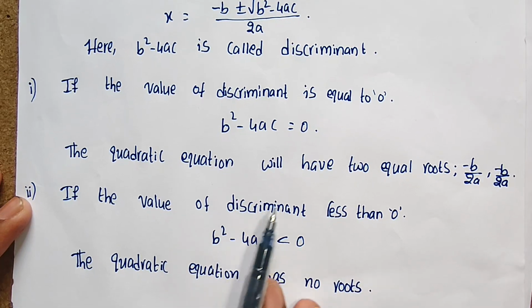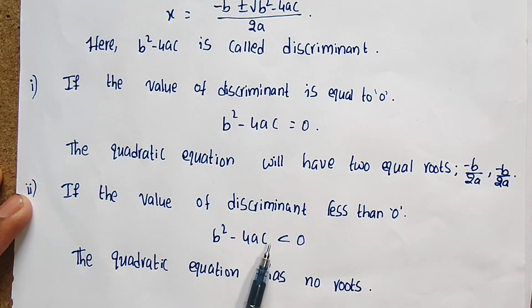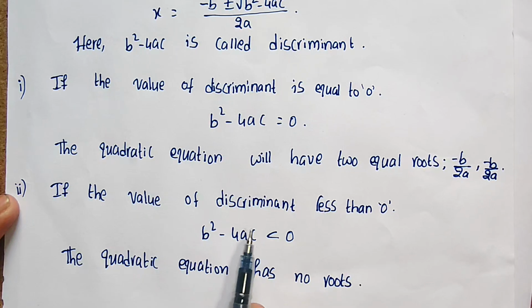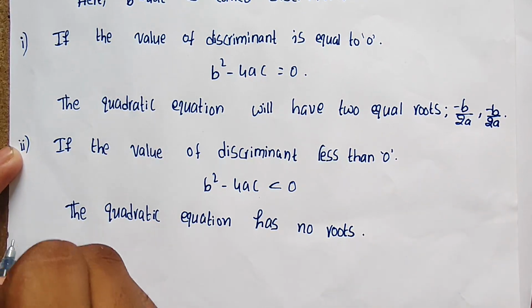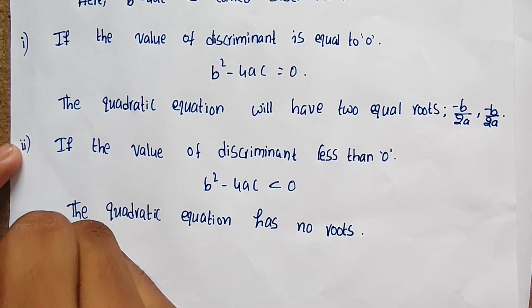So if the discriminant b square minus 4ac is less than 0, then the quadratic equation has no roots.